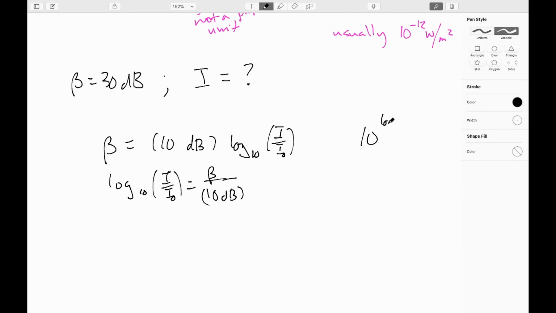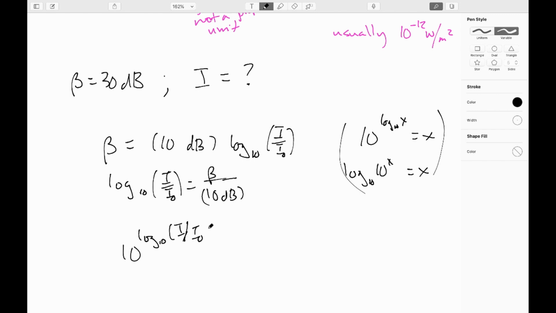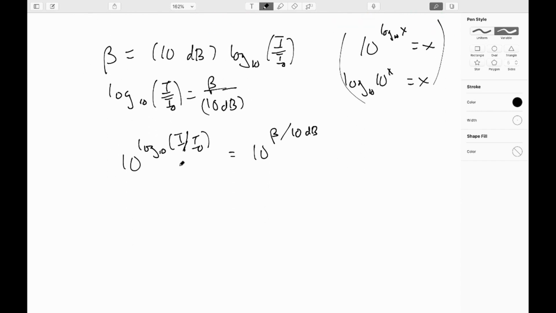So 10 to the log base 10 of x would just be x, and also log base 10 of 10 to the x is also x. So using that, this is 10 to the log base 10 of I over I naught, and to keep it consistent, we have to do the same thing to both sides. We would have to say this is 10 to the beta over 10 dB. Now 10 to the log 10 just leaves me with I over I naught.